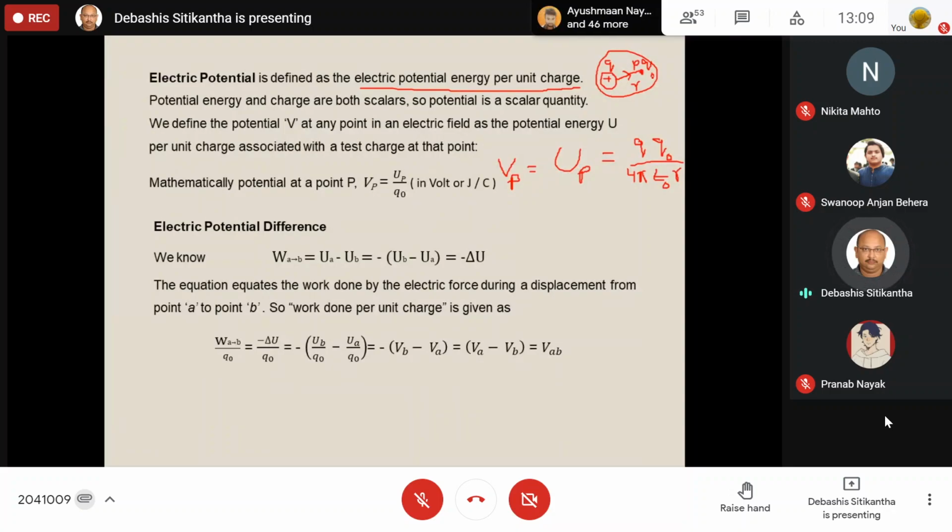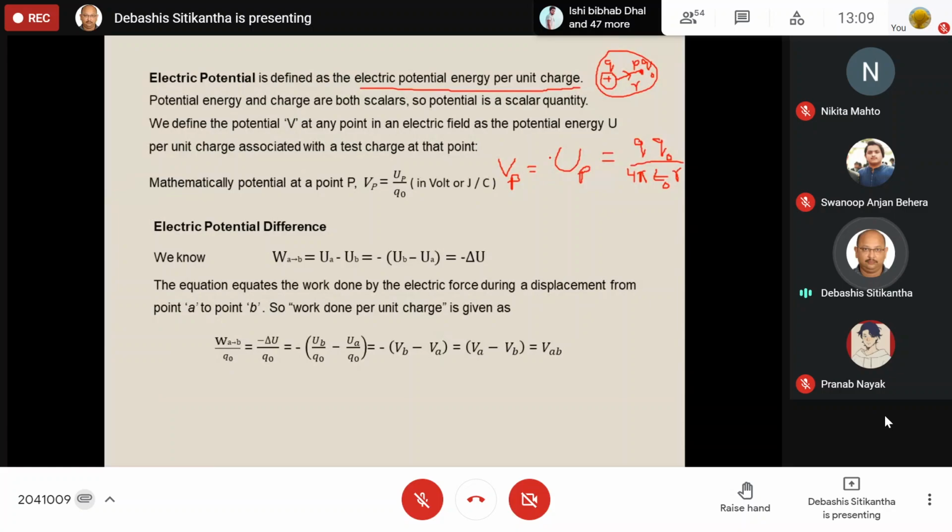It is only there to find the parameter at that particular location, whether it is the electric field or the electric potential. In order to find out the expression at a particular point P because of a source of electric field, I have to bring a test charge from somewhere.